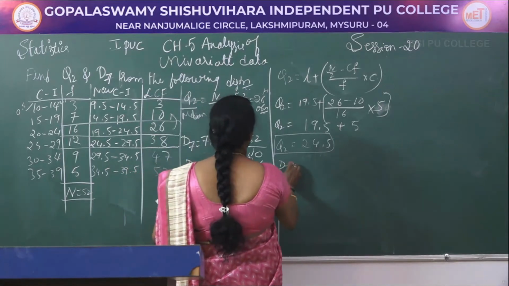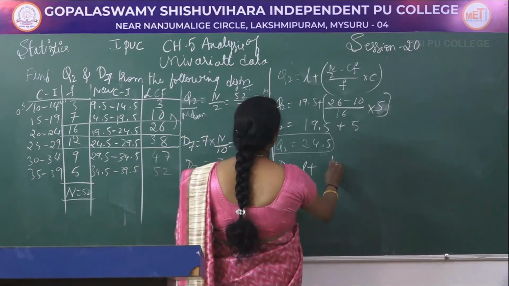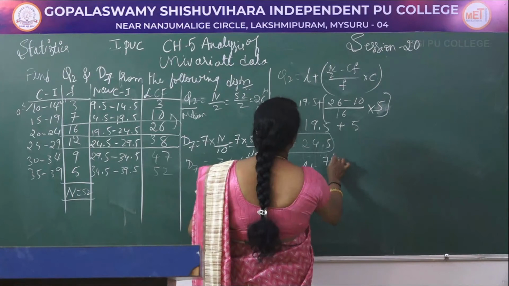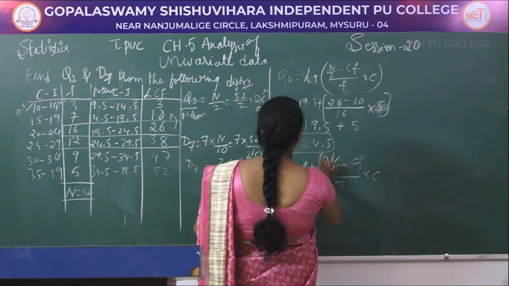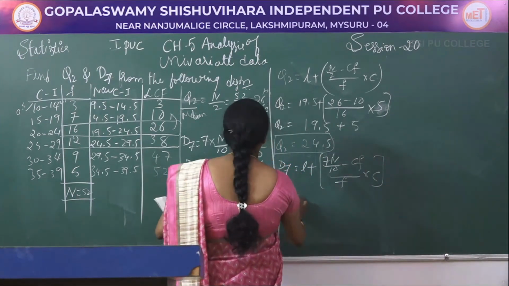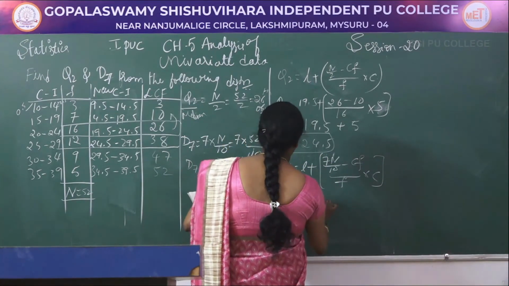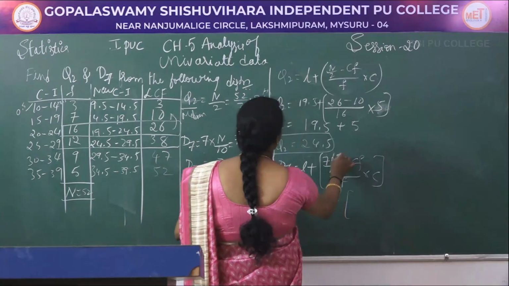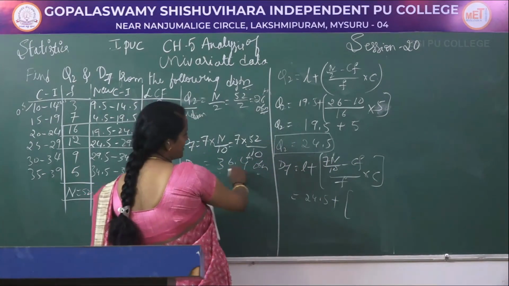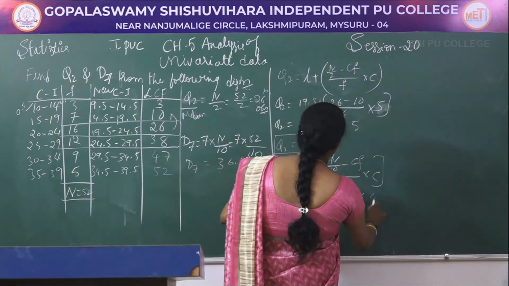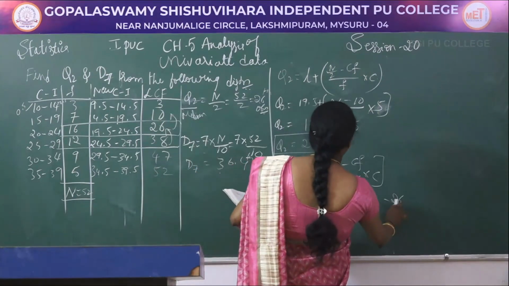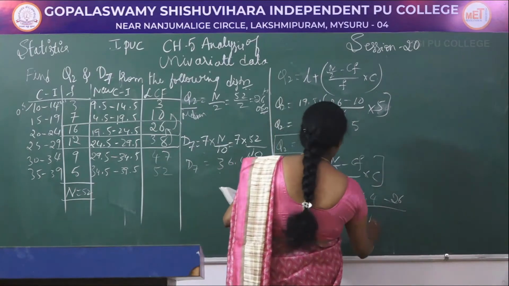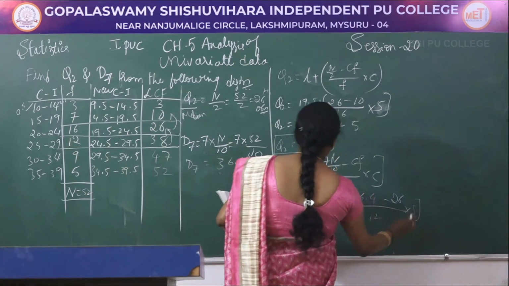So that D7 is equal to L plus (7N by 10 minus CF) by F into C. The lower limit is 24.5 plus 7N by 10, which we have already calculated, it is 36.4, minus CF, the previous one, that is 26, divided by F, which is 12, into the width of the class interval, which is 5.